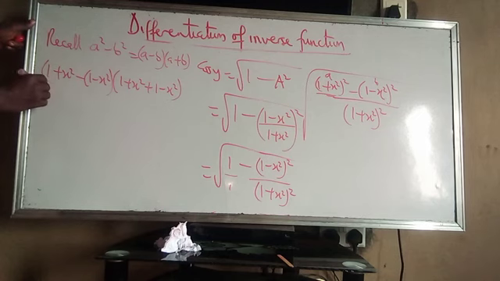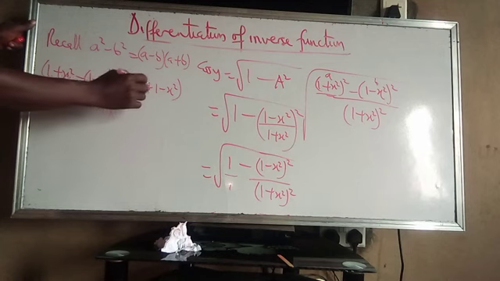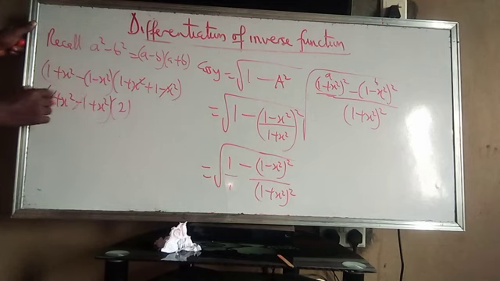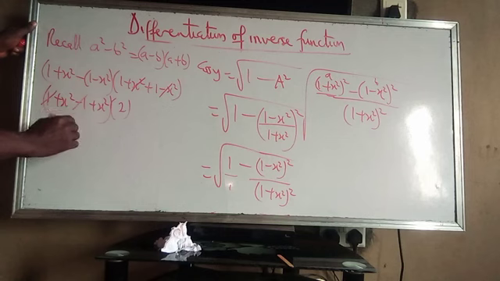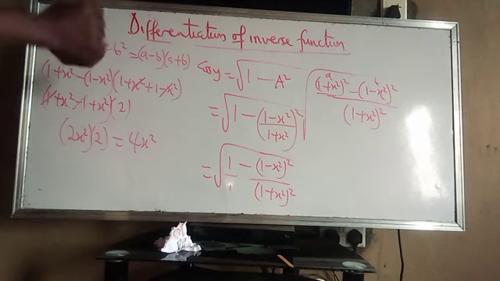So this will be 1 plus x squared minus 1 plus x squared, multiplied by, this will cancel, this will be 2. So this will cancel, this will be 2x squared multiplied by 2. That's 4x squared. Beautiful.